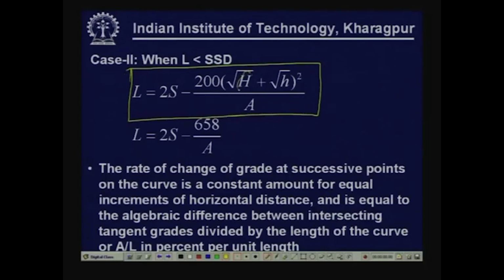Again, if we put appropriate values of capital H and small h, then it becomes a simplified expression like this, L equal to 2S minus 658 by A. So, basic equations are the same, the only difference is the height of driver's eye above road level and height of object, that is different as per AASHTO.